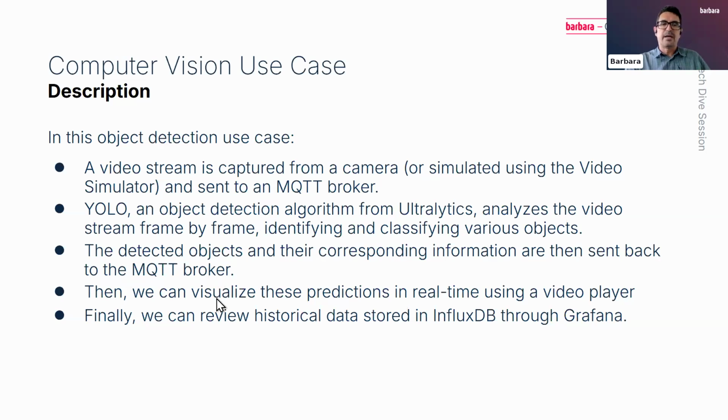Then we will visualize all these predictions in real time using the video player, and we will also have a dashboard to see all the prediction data, which is stored locally in a time series database such as InfluxDB. So this is what we are going to do: get the video data, analyze it, and then visualize the new video output, and also have a dashboard with all the information about the detection.